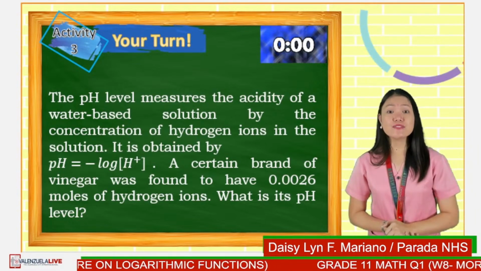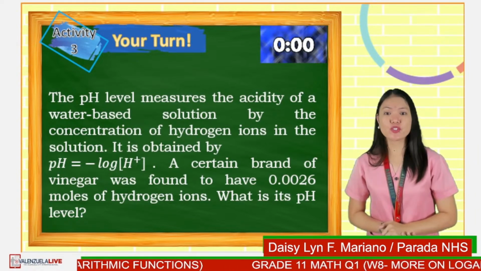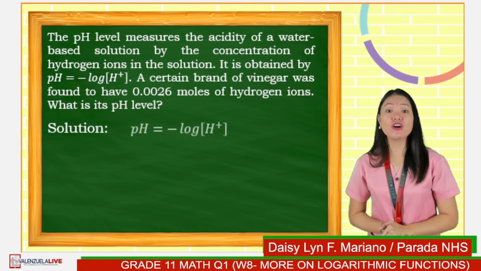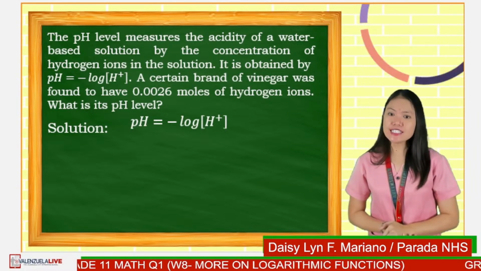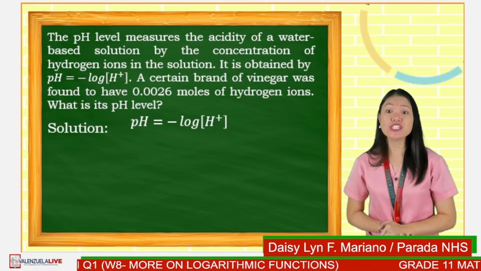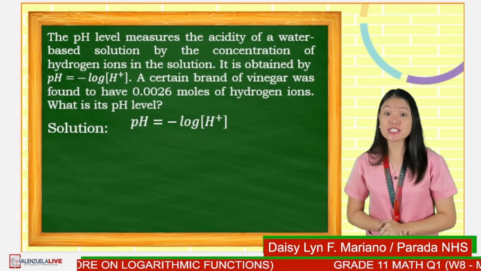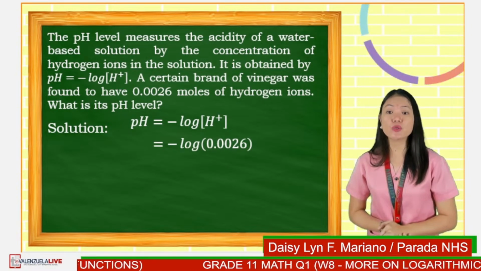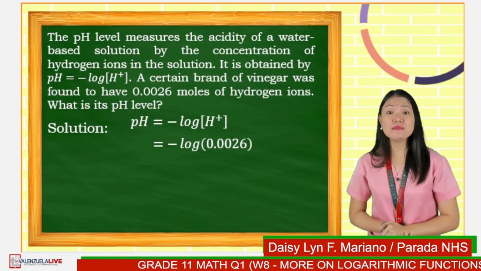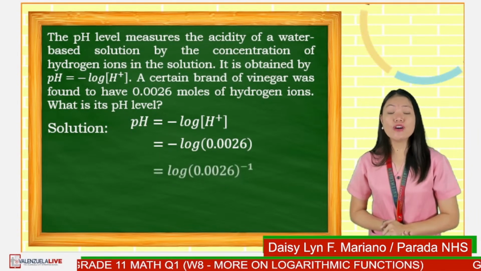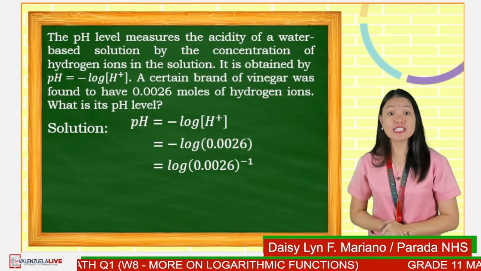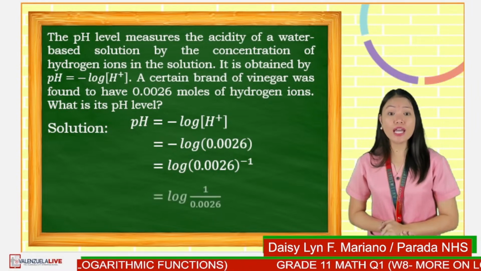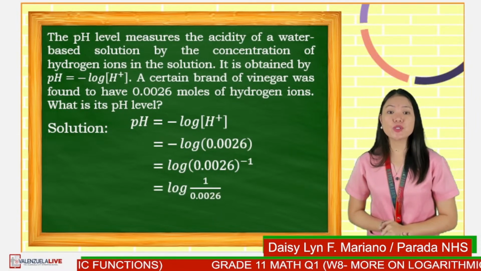Time's up. Let us verify your answer. For the solution, given that pH = -log of the concentration of hydrogen ions, let us substitute the given moles of hydrogen ions, which is 0.0026, and we will have -log of 0.0026. But this is similar to log of 0.0026 raised to -1, which may be expressed as log of 1 over 0.0026.